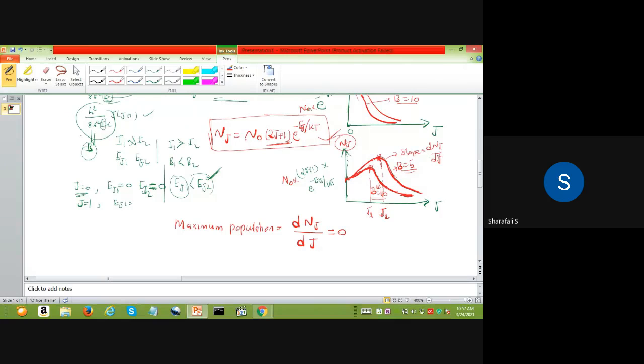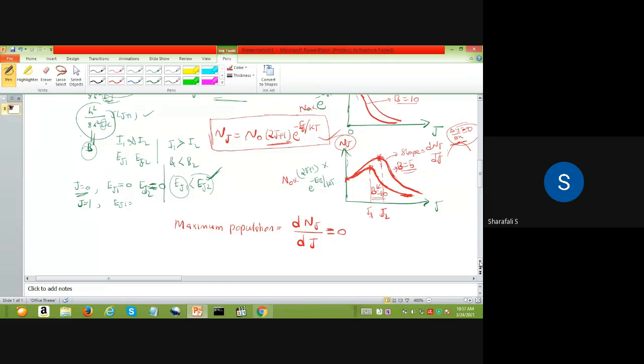At the maximum, we have constant y value here, so delta y will be equal to 0, and delta y by delta x also becomes 0. So that is the maxima of your curve. So dnJ by dJ should be equal to 0 at this maximum point.